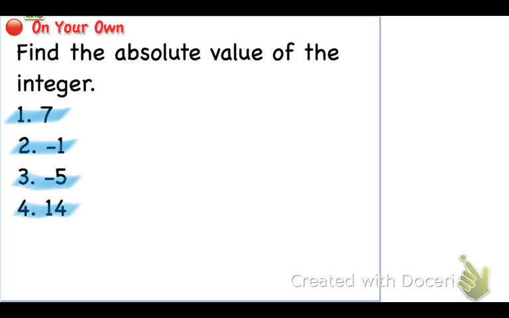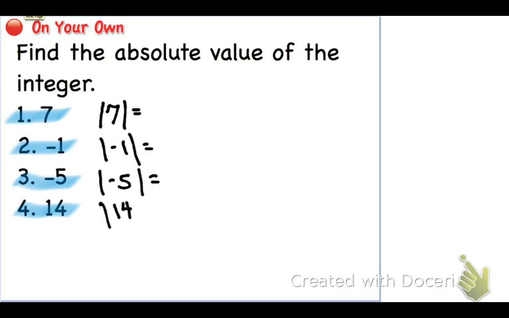I'm going to write them in just like you guys are. So I'm going to say the absolute value of 7, the absolute value of -1, the absolute value of -5, and so this is what your paper should look like now.